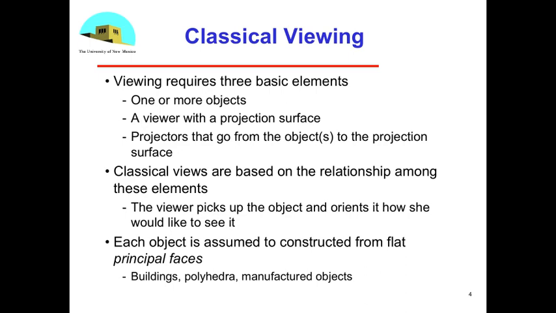Now, classically, views were based on relationships among these objects, in particular between the object that you might be trying to view and the viewer. And each type of view is based on a particular orientation or combination of the parameters of those two. That's in contrast to what we've tried to say with computer graphics, that these things are going to be independent.